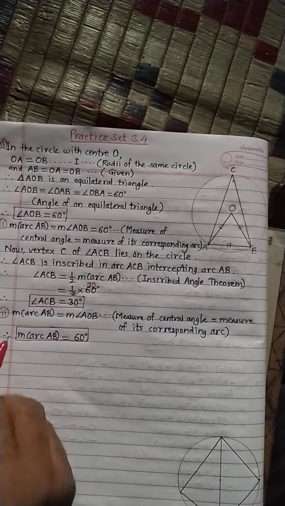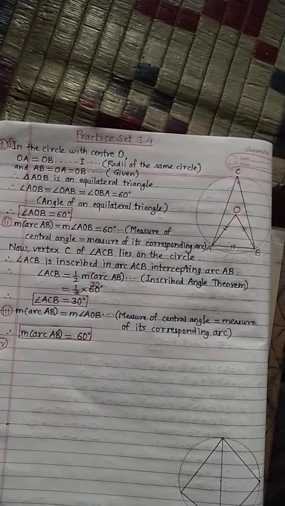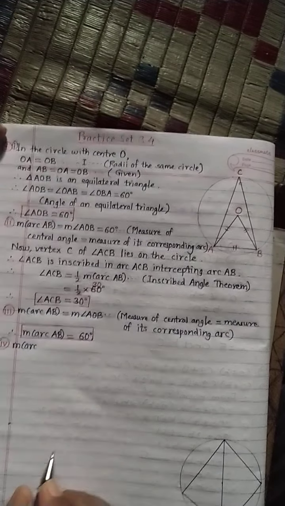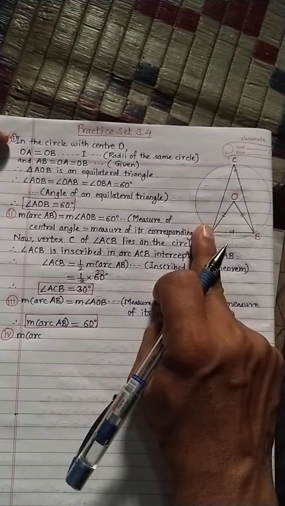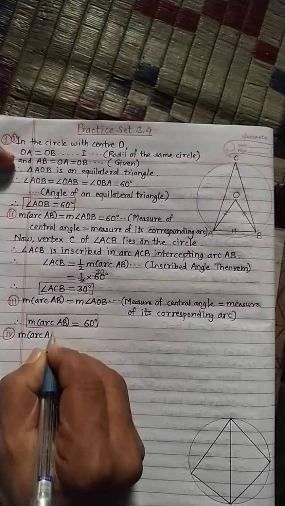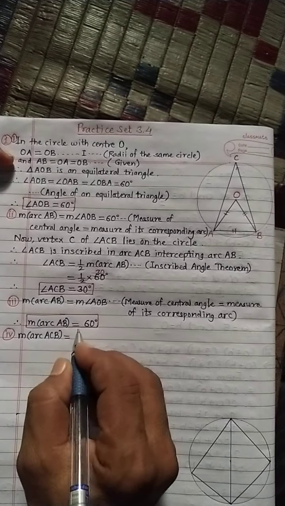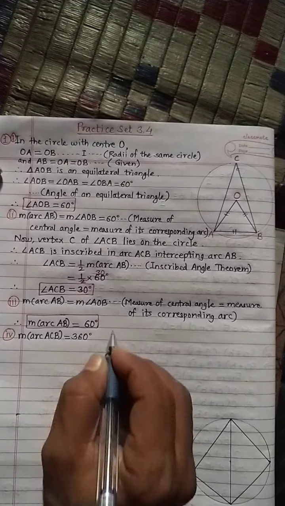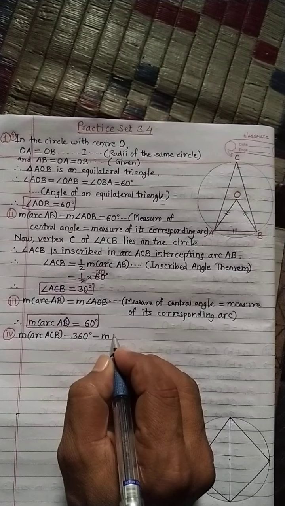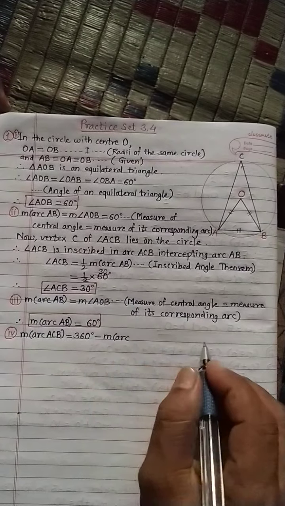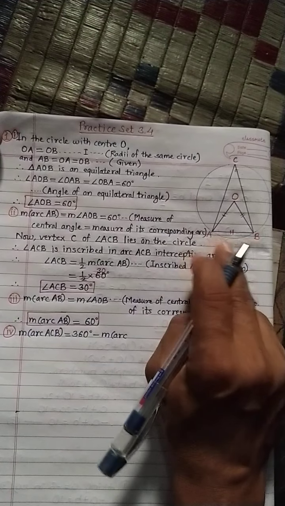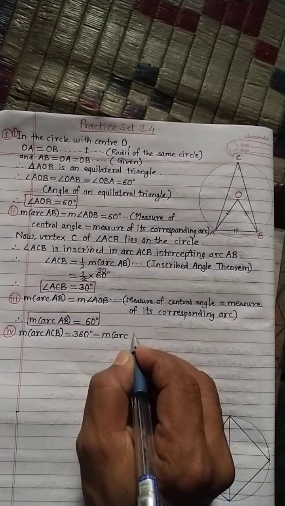So here number 4, measure of arc ACB is equal to 360 degree minus the measure of the corresponding minor arc, meaning AB.